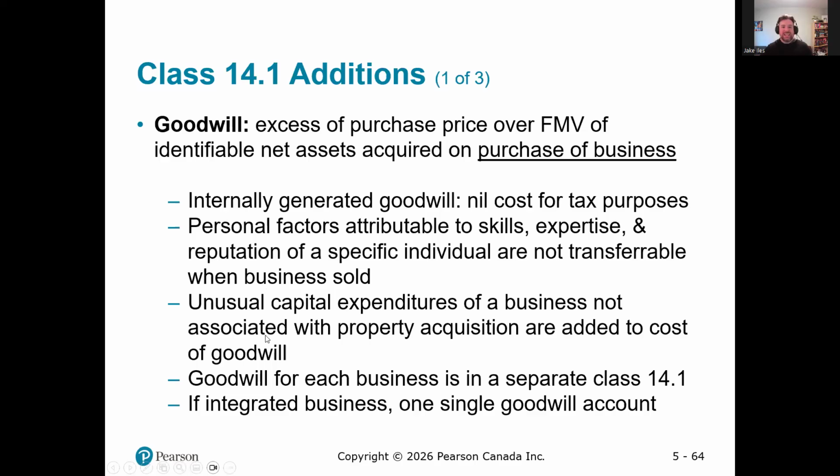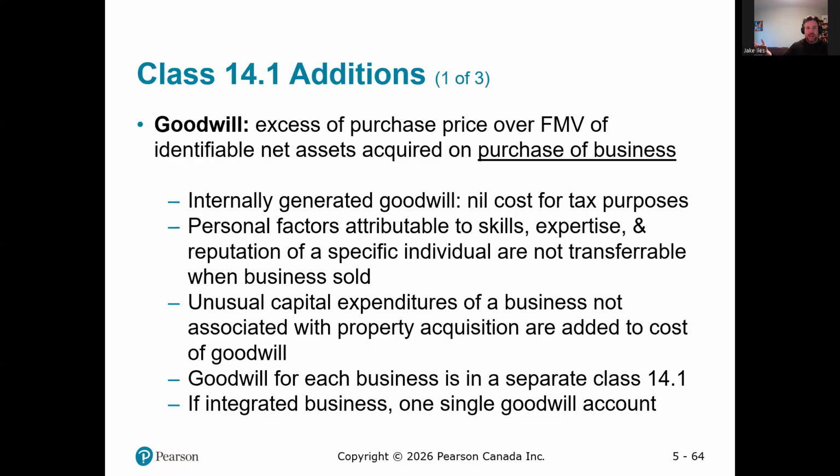So every time I expand my business, the excess amounts will add to one instance of goodwill. So goodwill for each business is in a separate 14.1. If it's an integrated business, it's one single goodwill account. So I have two businesses. I print t-shirts and I make jeans. If I purchase a well-known t-shirt brand, that goodwill will be included in my t-shirts.